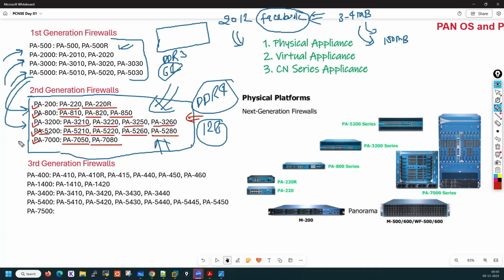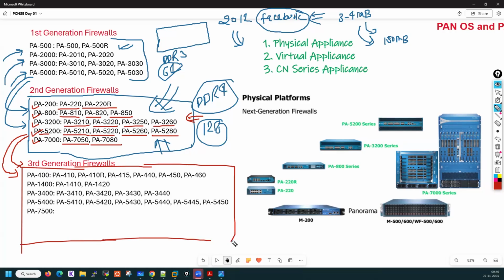Okay. And after that, the latest series which is right now running in organizations is the third generation firewalls. In third generation firewalls, we have the PA400 series, where we have the PA410, 410R, PA415, PA440, PA450, and PA460.